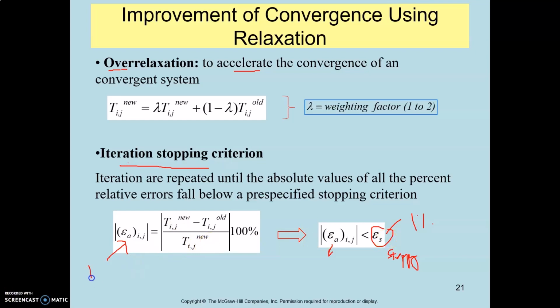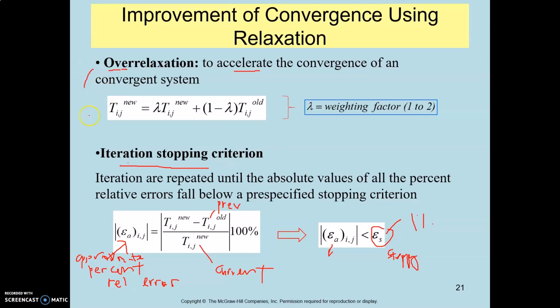The magnitude of the percent relative error, where a stands for approximate, can be computed using this formula. Here Tij new means the current temperature result, and old means the previous temperature result from the last iteration.